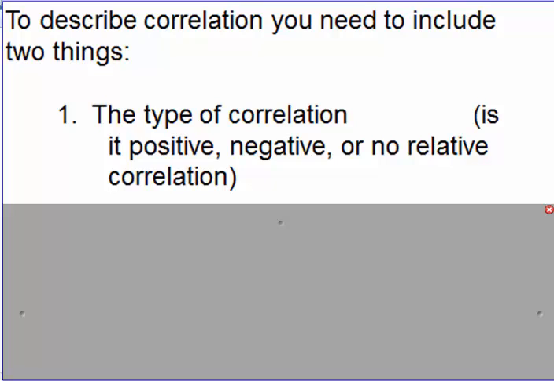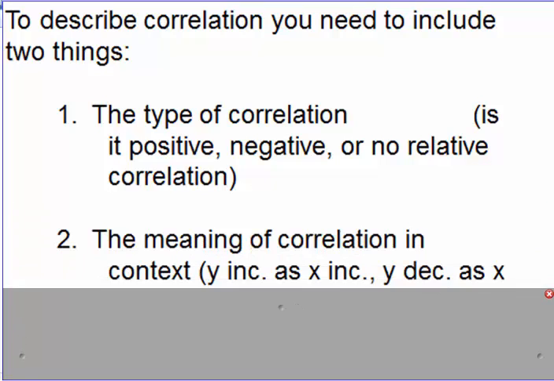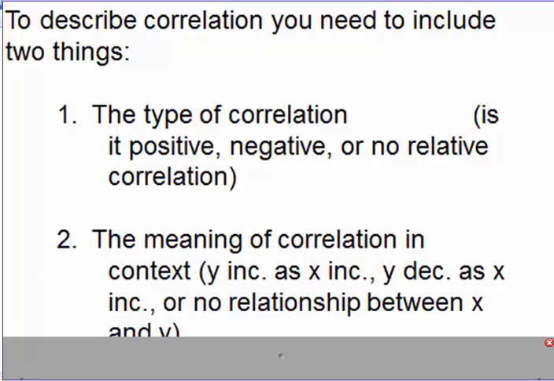So that's the first part, telling me which type. The second piece is where there's a little more writing involved. You have to then write what the meaning of the correlation is in context. What's the meaning? That would mean like the y increases as x increases, or y decreases as x increases, or there's no relationship between x and y.